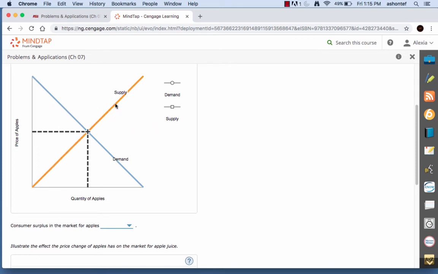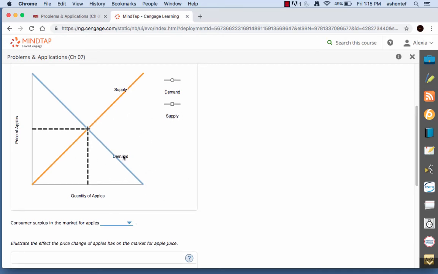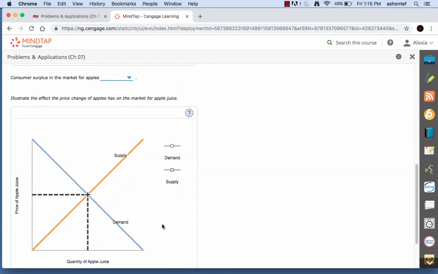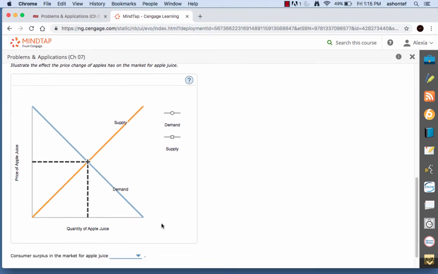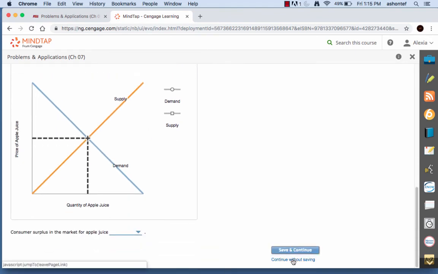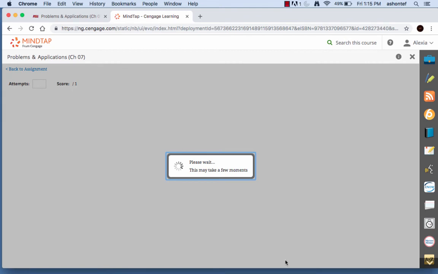So that's the first thing. So remember, you're going to left click and then you can move these around. So you'll move the entire curve in the direction that you think it would go, and then it's going to ask you what's going to happen to the consumer surplus. I think on these questions, honestly, you'll be able to do this, and we'll continue on.